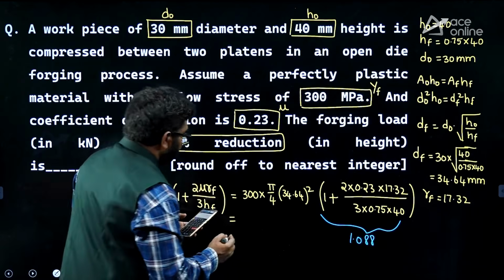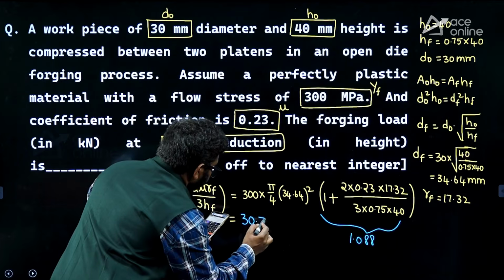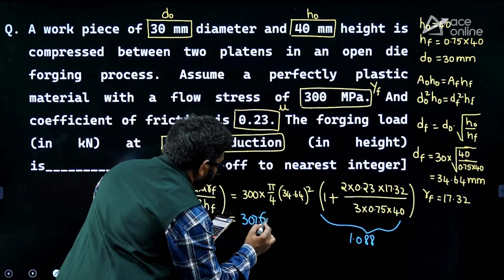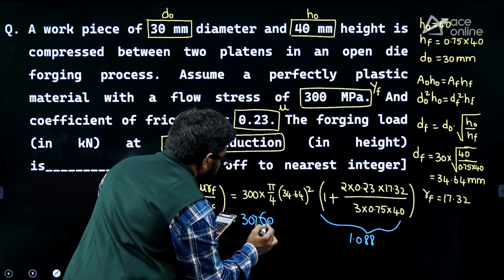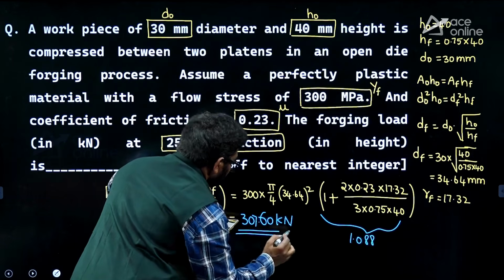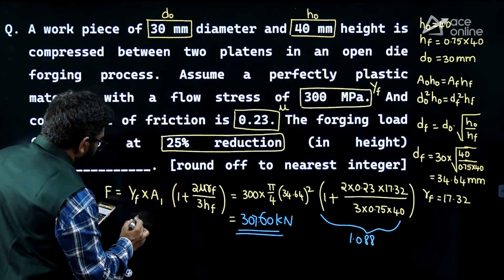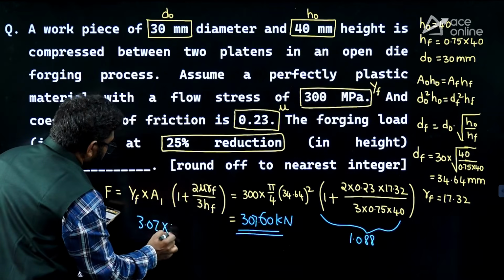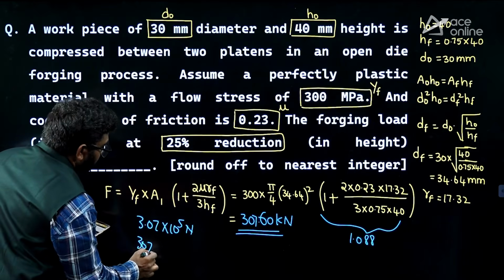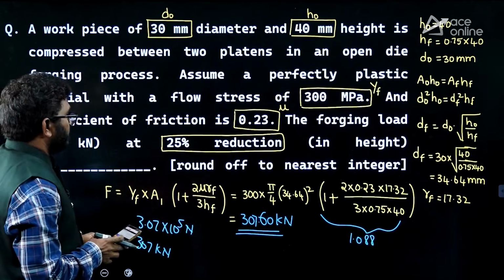So the final answer you got is 307.60 kilonewtons. The actual answer by calculator is 3.07 into 10 power 5 Newton, right? So 307 kilonewton. I hope you understood this question, okay?